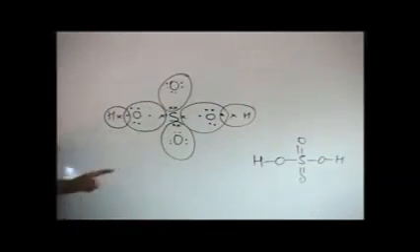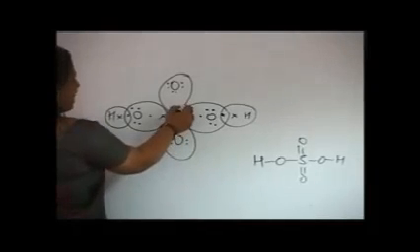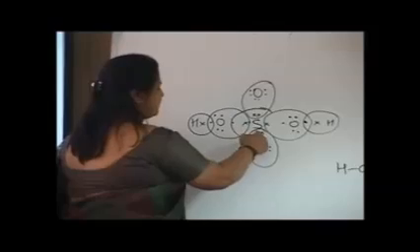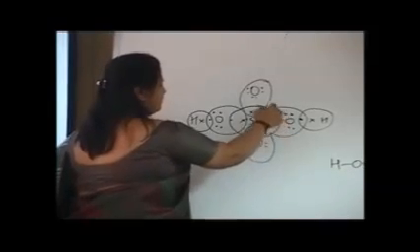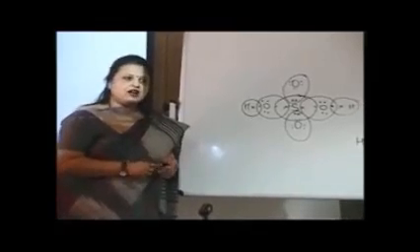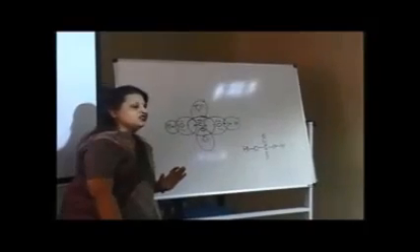But in this process, sulfur has 2, 3, 4, 5, 6, 7, 8, 10 electrons. It has an expanded octet, and it can afford to do that because sulfur has d orbitals in it.